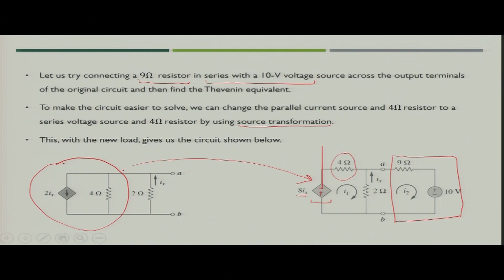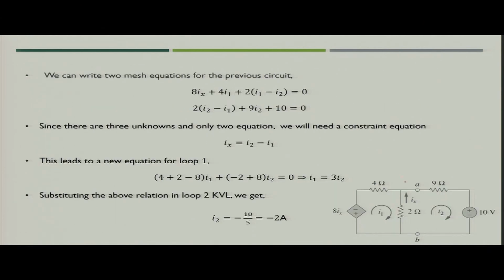So, this particular segment is now converted into a voltage source in series with 4 ohm resistance. Then you add the 2 ohm resistance, that is part of the circuit in parallel again, and this is the load component which you have connected at terminal A B. So, the updated circuit would look like this.